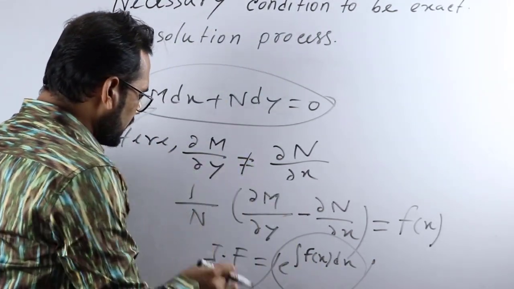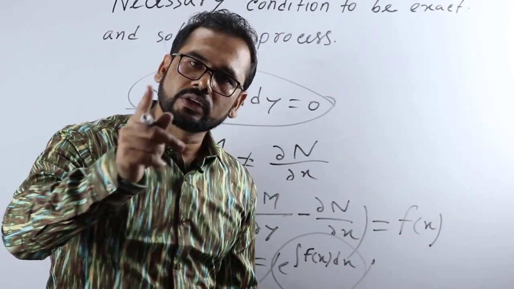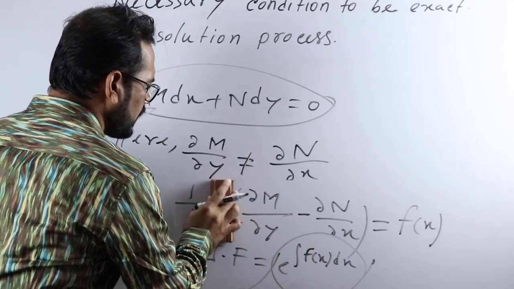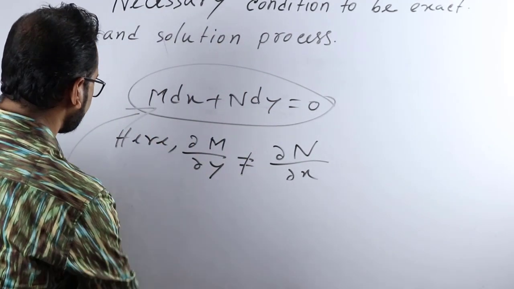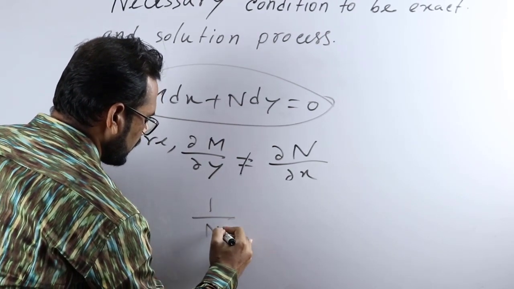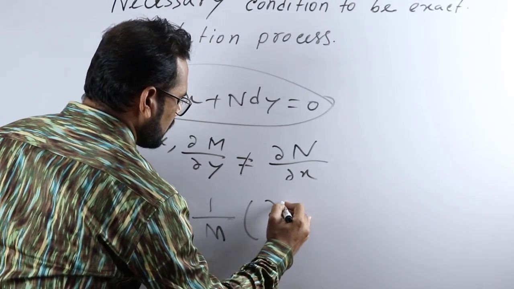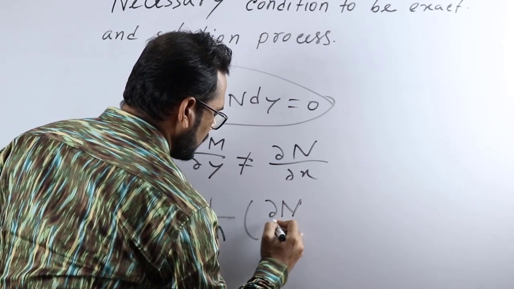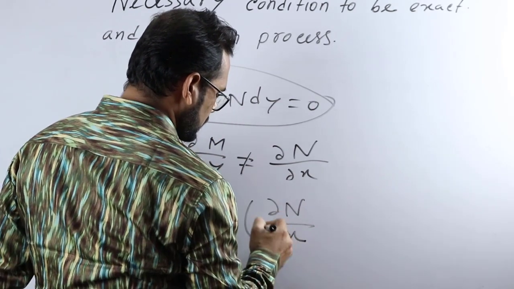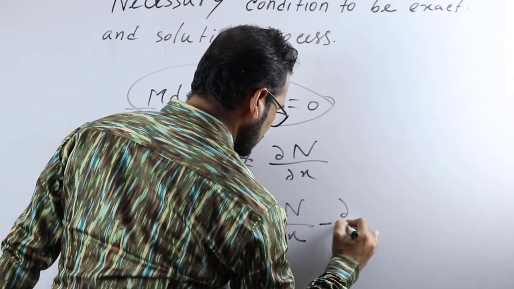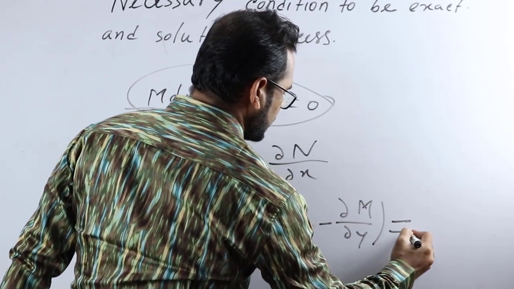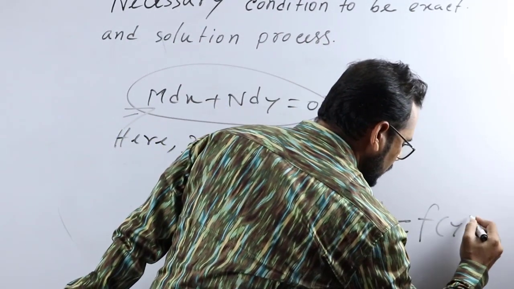And suppose that this is not only a function of x, then how will we get the solution? Yes, we can get it. How? Here the technique is: suppose that 1 divided by M times (del N by del x minus del M by del y) is only a function of y.